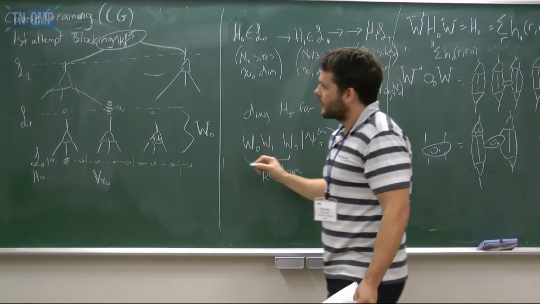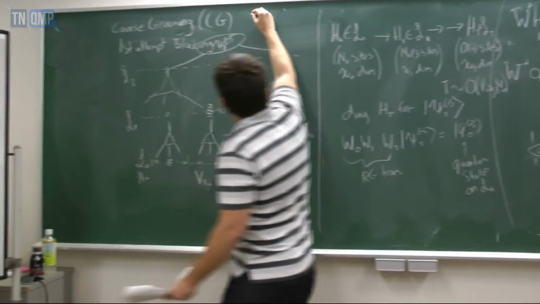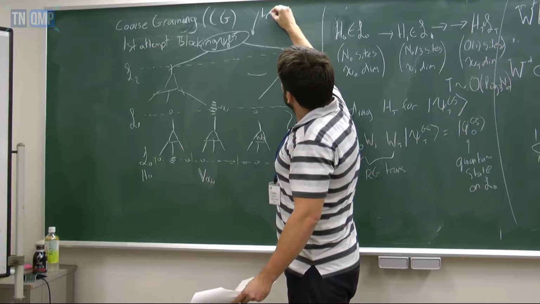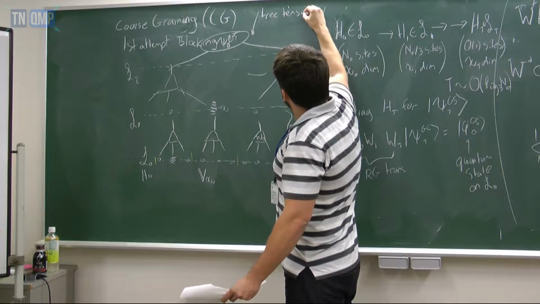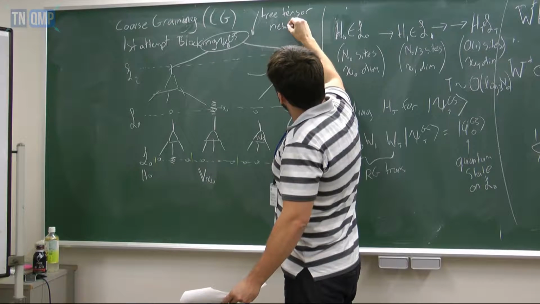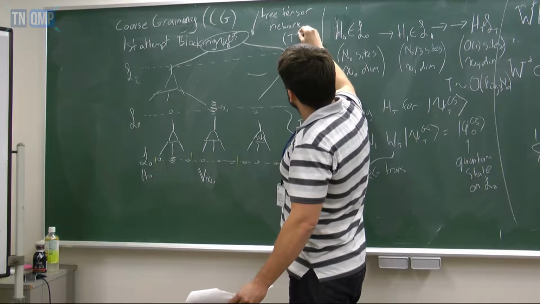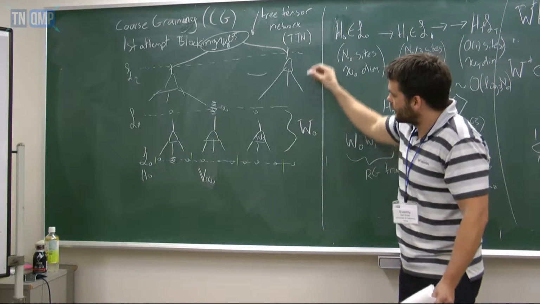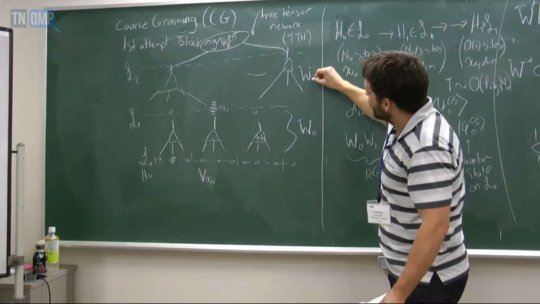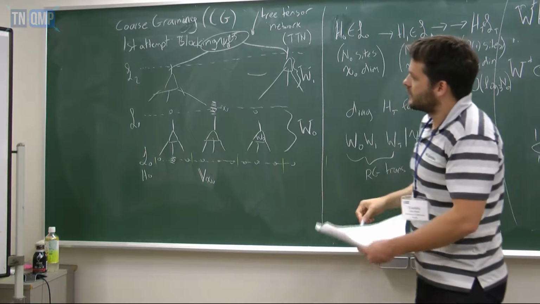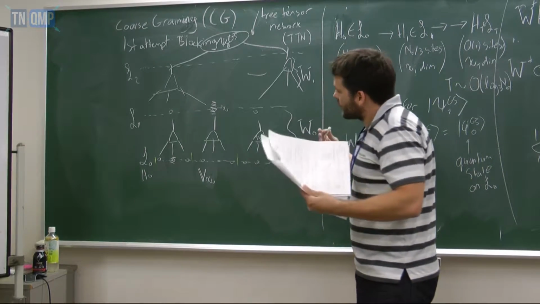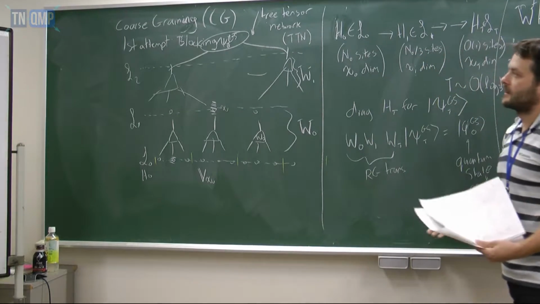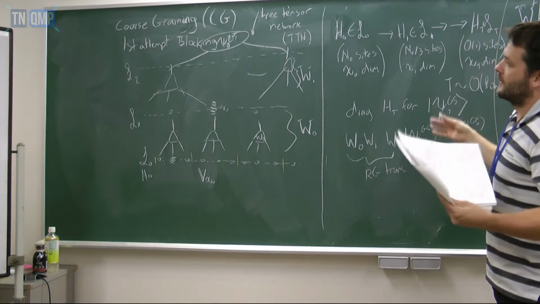This is precisely this big tensor network state I've drawn here, which is a tree tensor network, TTN. Okay, so we started off thinking about each of these layers as implementing an RG transformation for a quantum lattice. When we put these different RG transformations together, we interpret it as describing a tensor network ansatz.